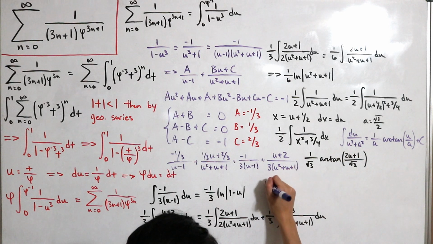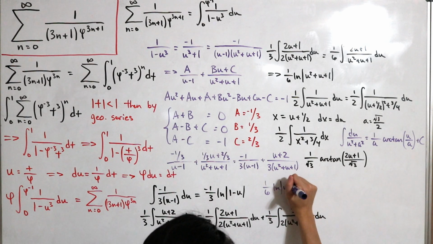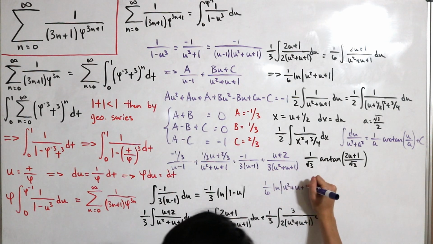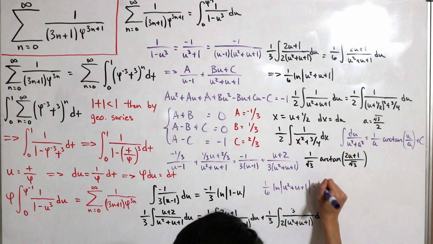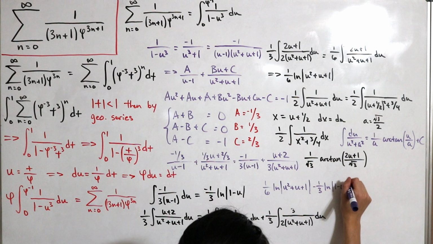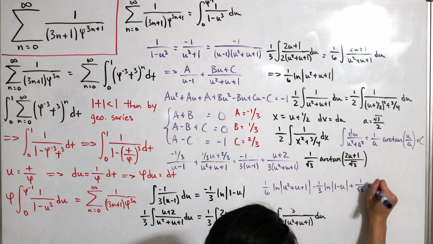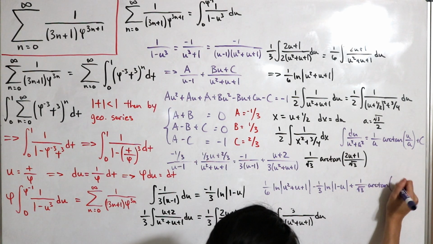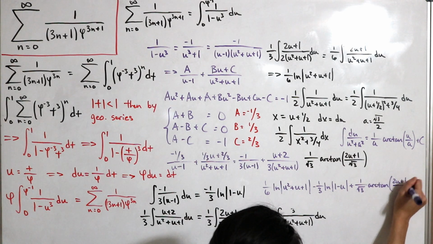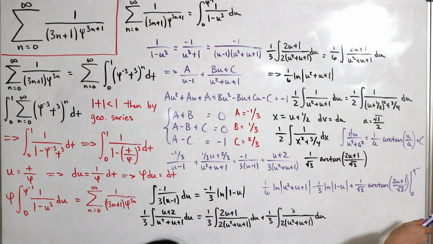We have 1 over 6 natural log of u squared plus u plus 1, then subtract 1 over 3 the natural log of 1 minus u, and then add 1 over the square root of 3, then times arctan of 2u plus 1, then divided by the square root of 3. And then we evaluate this with our bounds from 0 to the inverse of the golden ratio. Basically, you just plug everything back in.